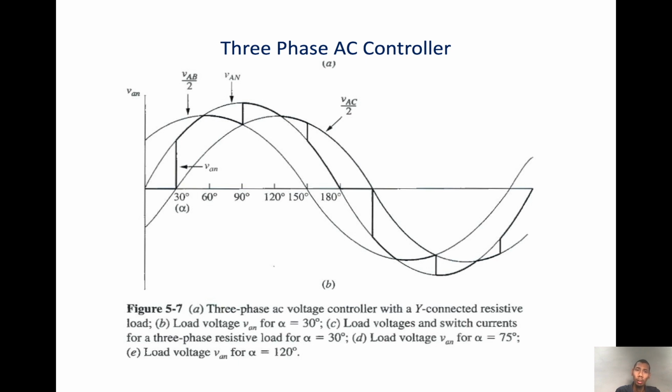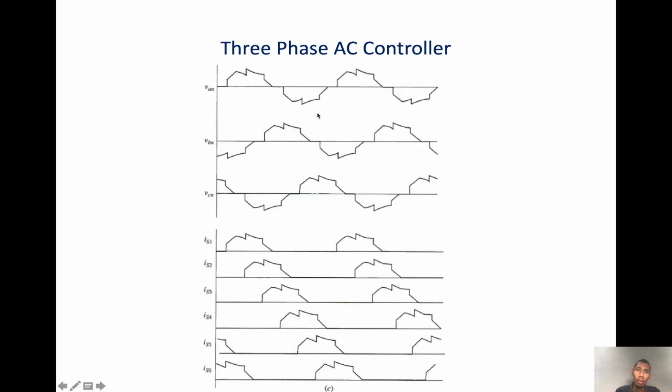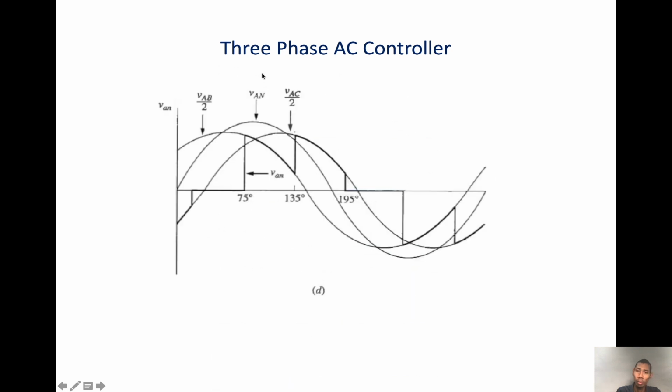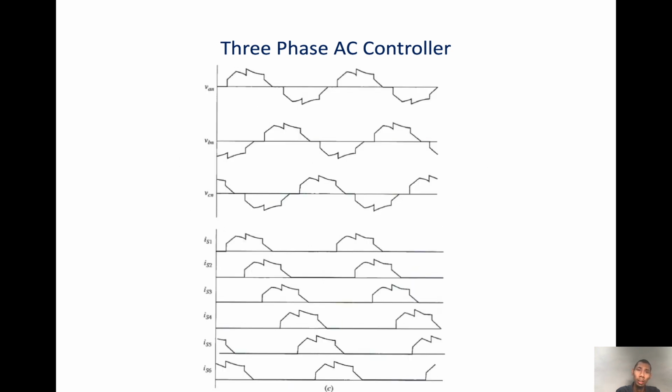Okay, so this is the VAN that we plot. So it follows the phase voltage, half line to line voltage, phase voltage, half line to line voltage. So this is what the shape looks like.